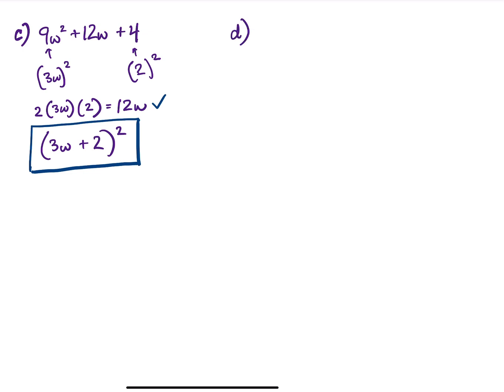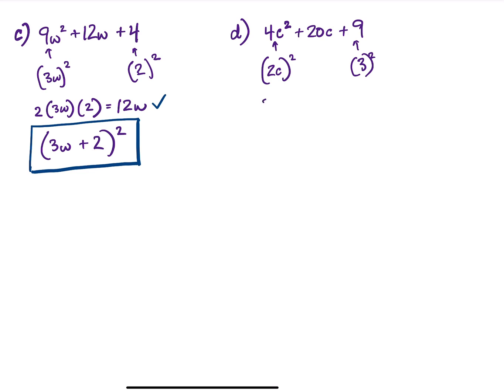Part D gives us 4c squared plus 20c plus 9. So I'll check first, can I factor something out of every term? It doesn't look like it. So let's look at that first term, 4c squared. We can write that as 2c, that whole thing squared. And then our last term, 9, we can write that as 3 squared.